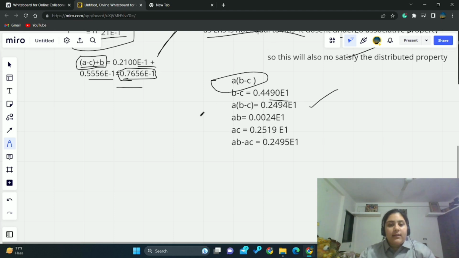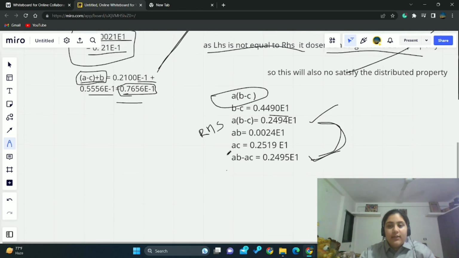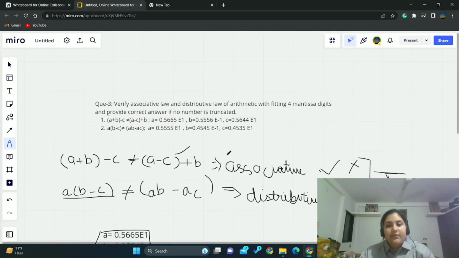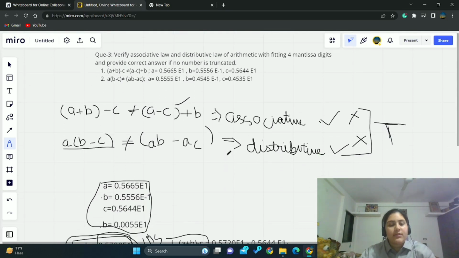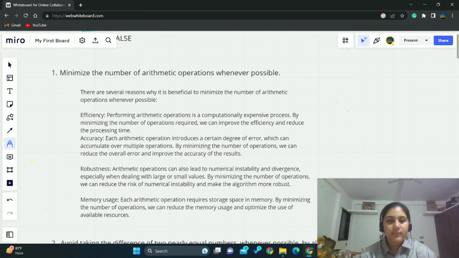After checking RHS, the value comes, AB minus AC is this. Both the values are not the same, hence it is not distributive. So we don't have to check for the truncate. So this was question number 3.